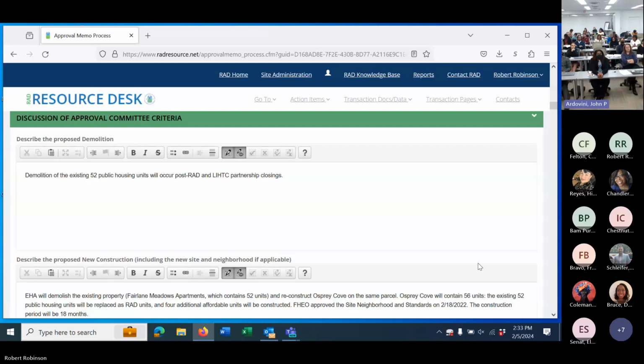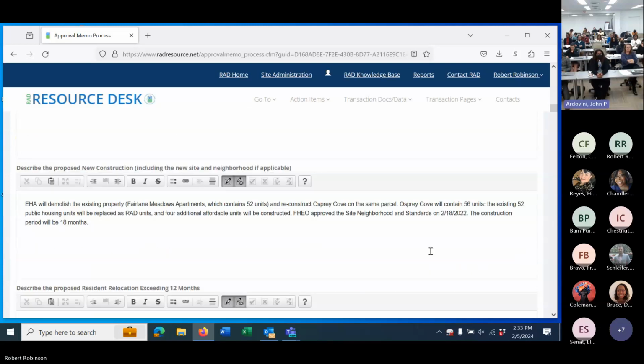These items that I described, the demolition, the new construction, and the relocation greater than 12 months, are items that trigger loan committee. And so the form also offers space for you to speak to these things. You provide explanations for what each of them are.